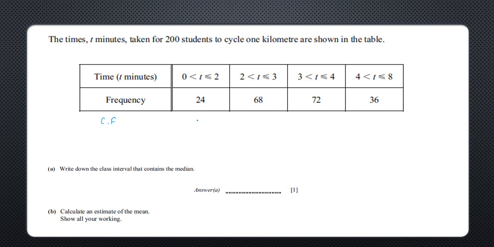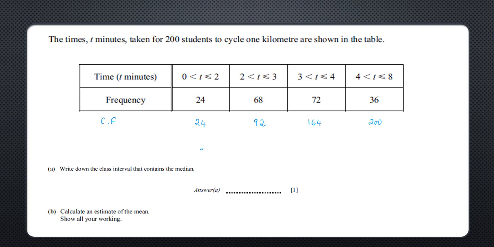So for the cumulative frequency, the first entry obviously is going to be 24. The next one, 24 plus 68, which is a 92, followed by 92 plus 72, which is a 164, and 164 plus 36, which is a 200.